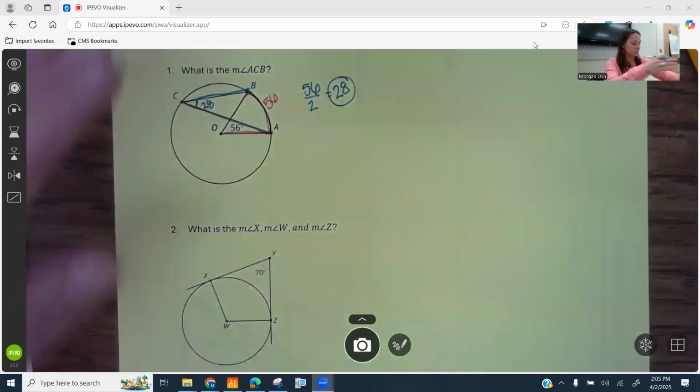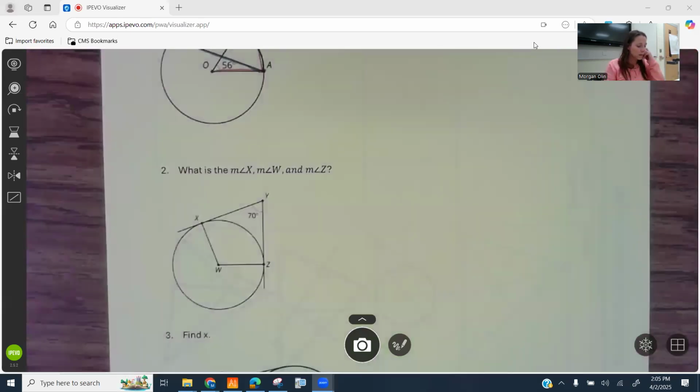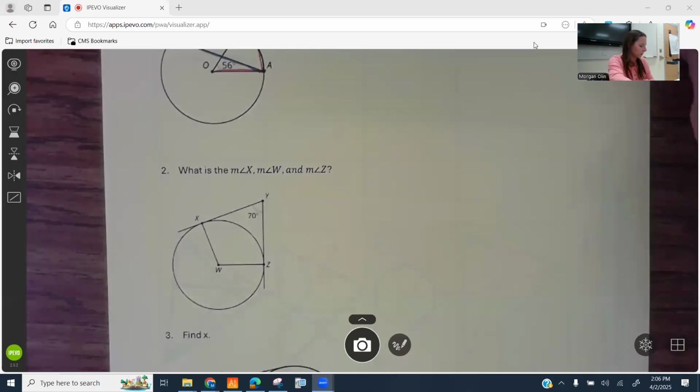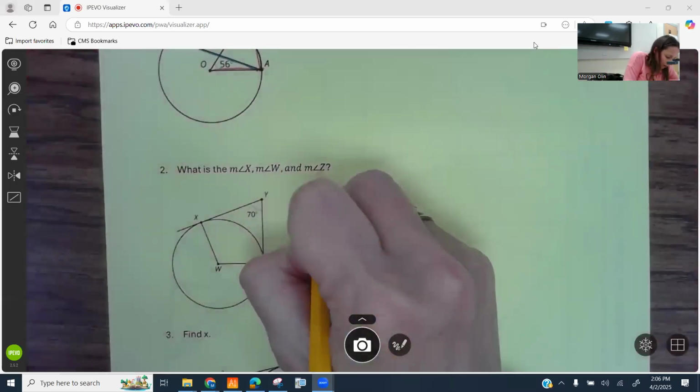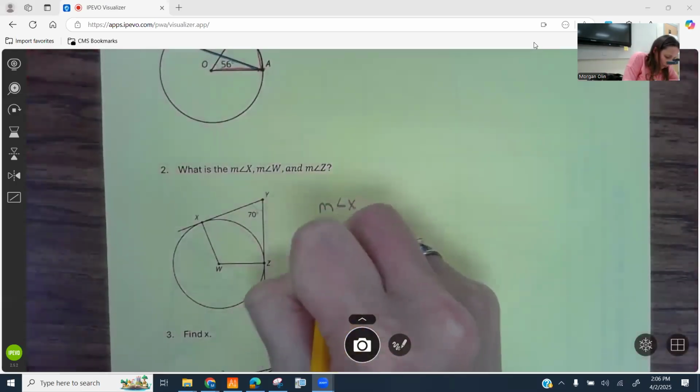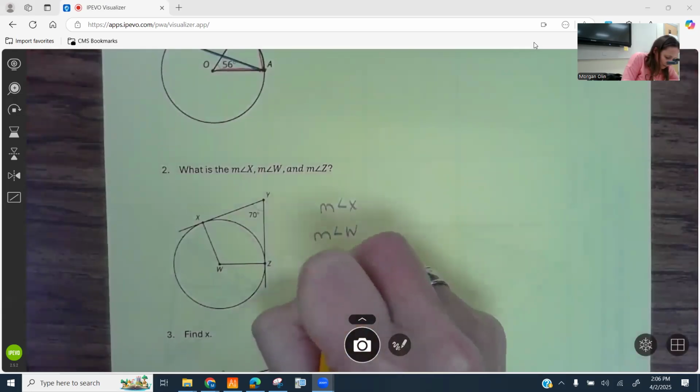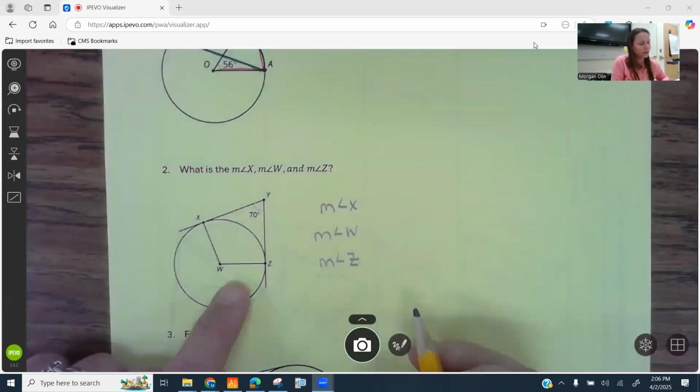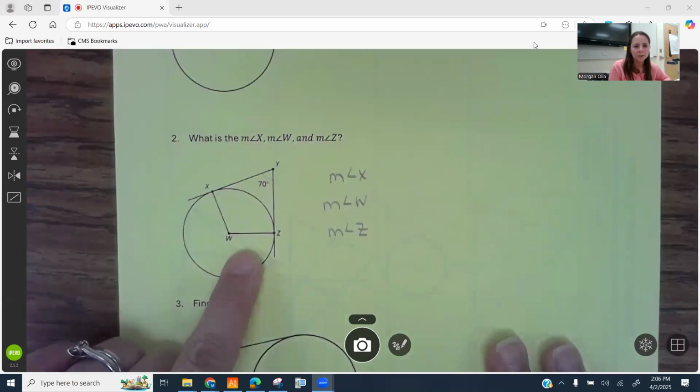All right, now number 2, what is the measure of angle X? What is the measure of angle W and what is the measure of angle Z? All right, so here we go. I like to write these out when there's multiple things to find. We learned this the other day.